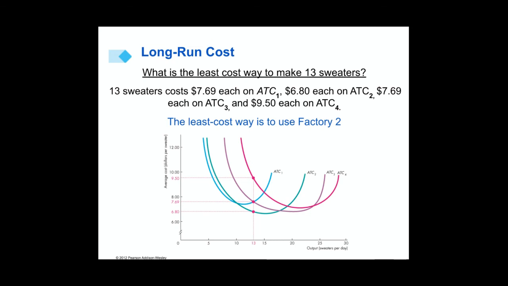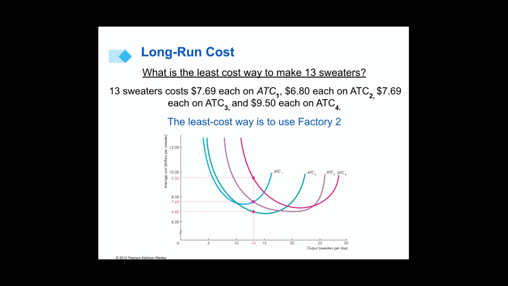So in this example, let's assume that we need to make 13 sweaters. Now, 13 sweaters can be most efficiently made on one of these 4 options.